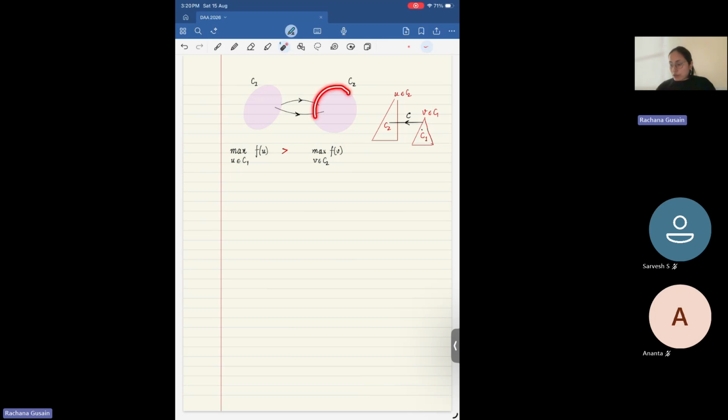Similarly, for every vertex in C2, I look at their finish times and find the maximum finish time. This we had discussed yesterday: the maximum finish time that we see in C1 is always strictly larger than the largest finish time that we see in the component C2.